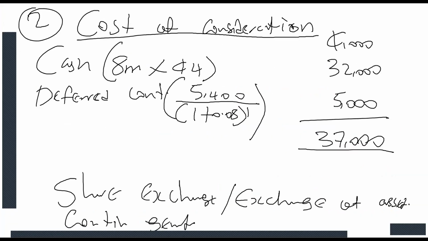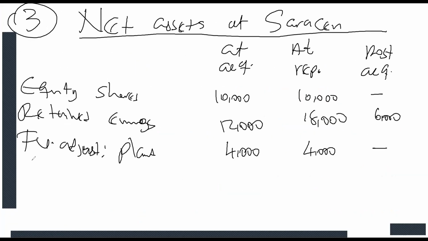So go back to the net assets. Additional depreciation: open a bracket, the 4,000 given to you, all divided by 4 years, times the period of consolidation. Please, for balance sheet here, multiply by the period of consolidation.